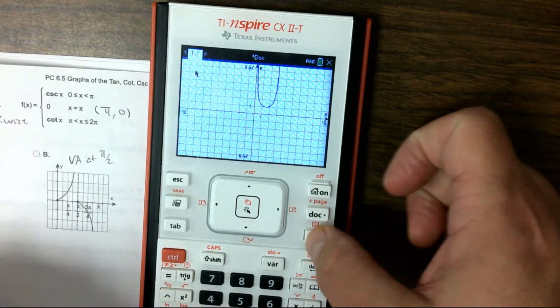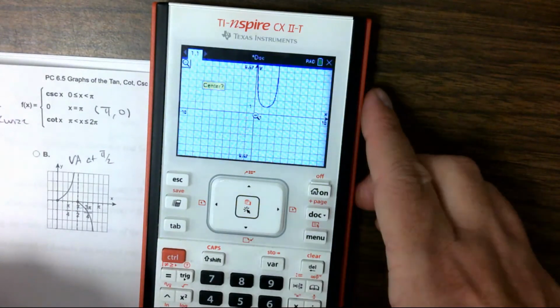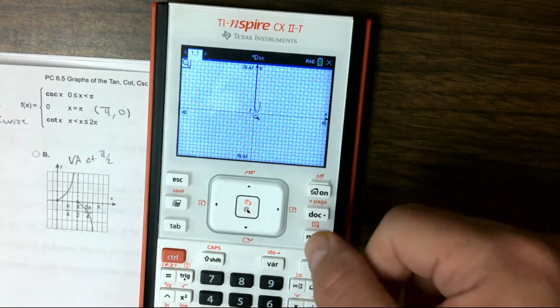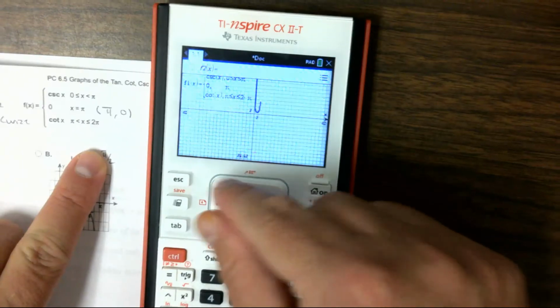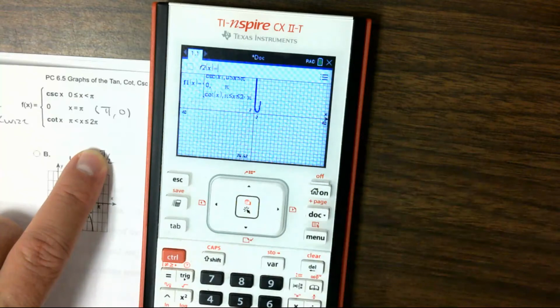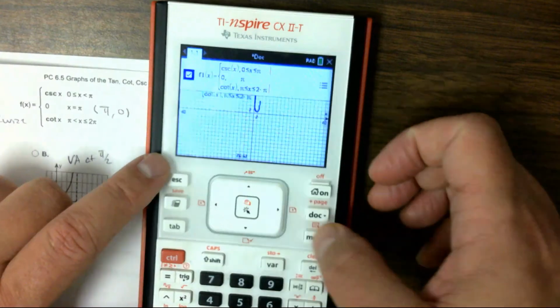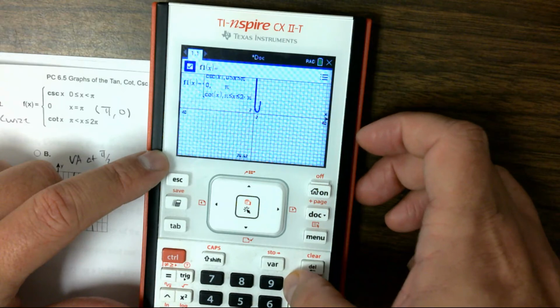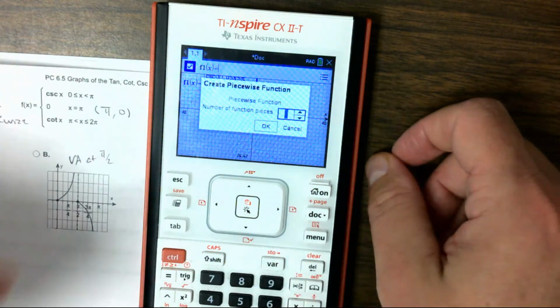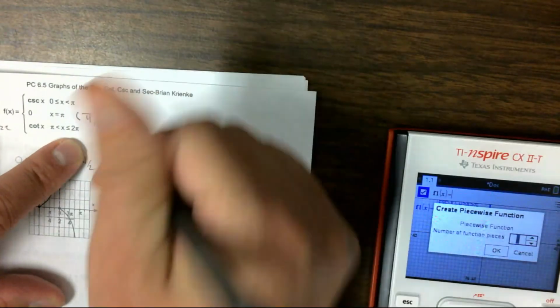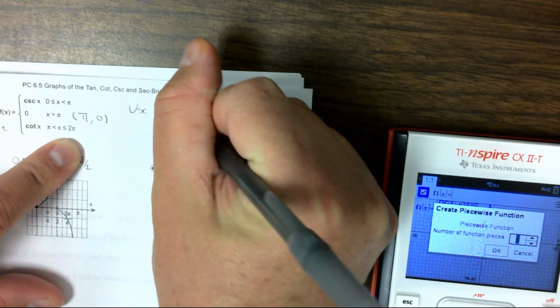Let me zoom out. Okay, so because of how I define the inequality, it doesn't like it. So I need to make this with 1, 2, 3, 4, 5 pieces. Use 5 pieces.